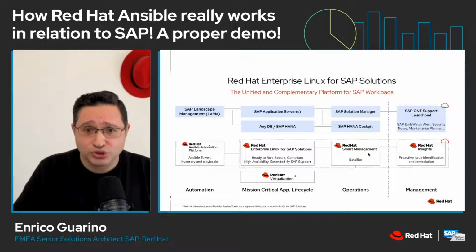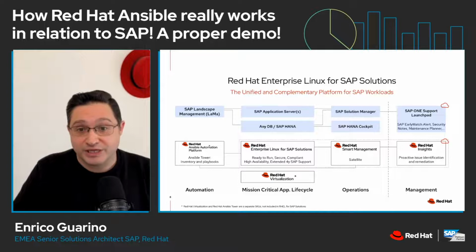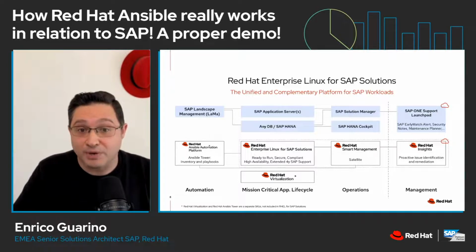On the operation level, Satellite is a scalable platform to manage patching, provisioning, and subscription management of the Red Hat infrastructure. Like the SAP Solution Manager on the SAP level, Satellite has many additional capabilities, such as configuration management, automation through integration with Ansible Automation Platform, integration with Red Hat Insights for predictive analysis, and security compliance.